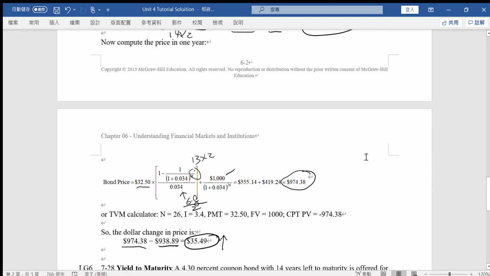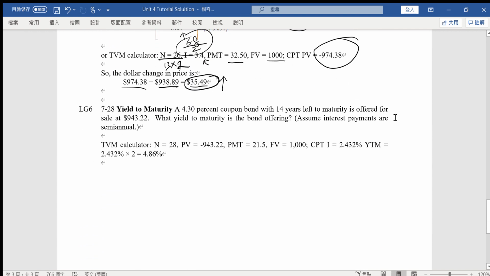Then 1 year later, the same approach: 13 times 2, and 6.8 divided by 2, with the regular payment and par value. Finally you get all these figures and make a conclusion: there is an increase in price of 35.49.